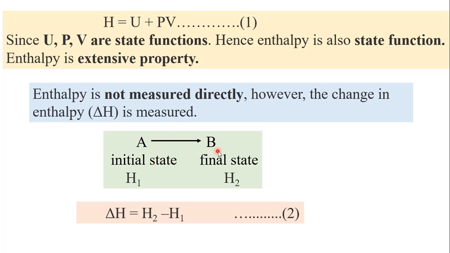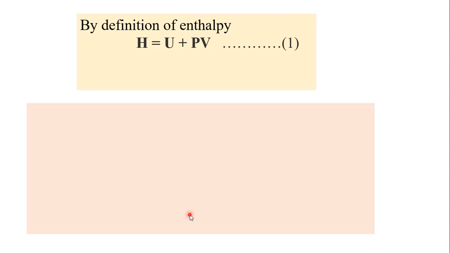The enthalpy change that takes place during this chemical reaction is delta H equal to H2 minus H1. But according to the definition of enthalpy, what is enthalpy? A sum of internal energy and the energy equivalent to pressure-volume work.